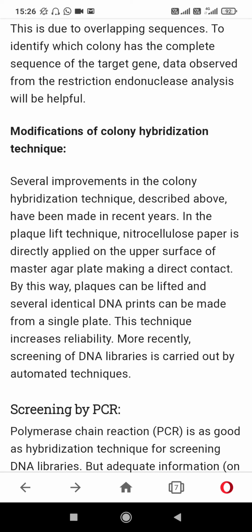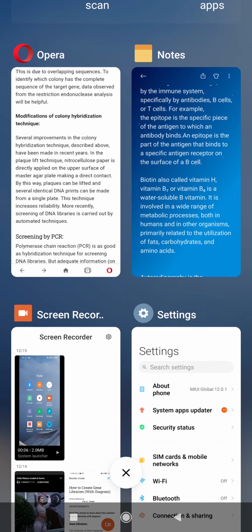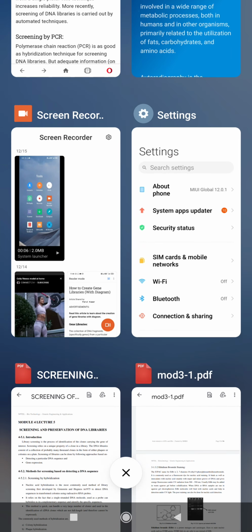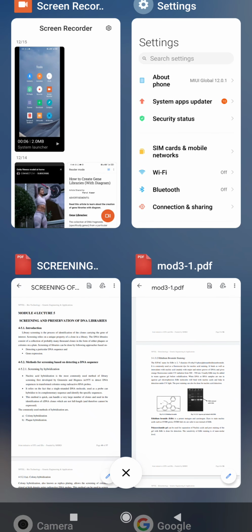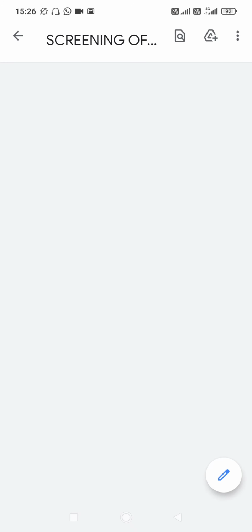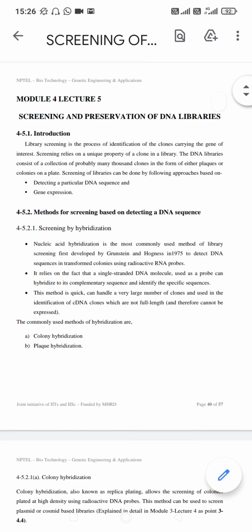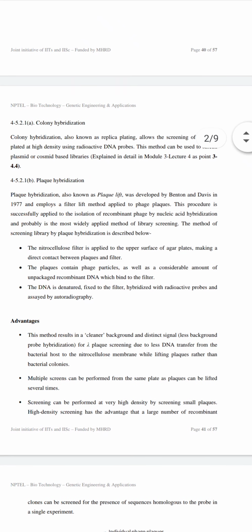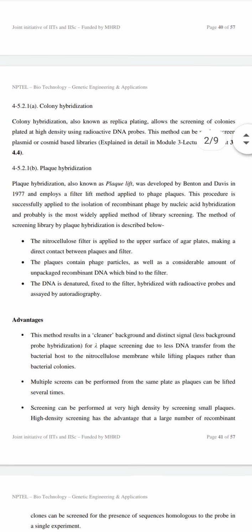So what is plaque hybridization? For that I have to go through the other source. Okay, let us see.